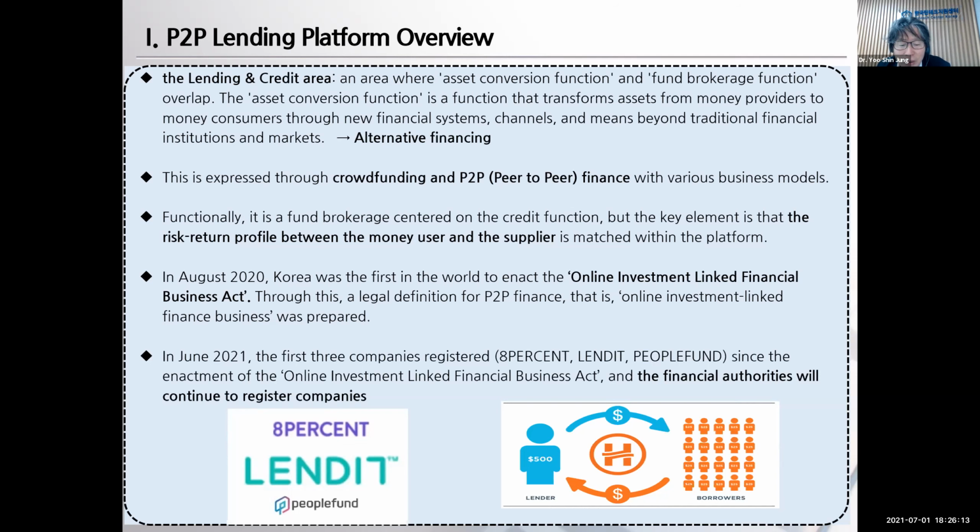Last June this year, the Financial Services Commission of Korea registered 3 companies as the first P2P lending companies, and 41 companies are still applying for the next registration.